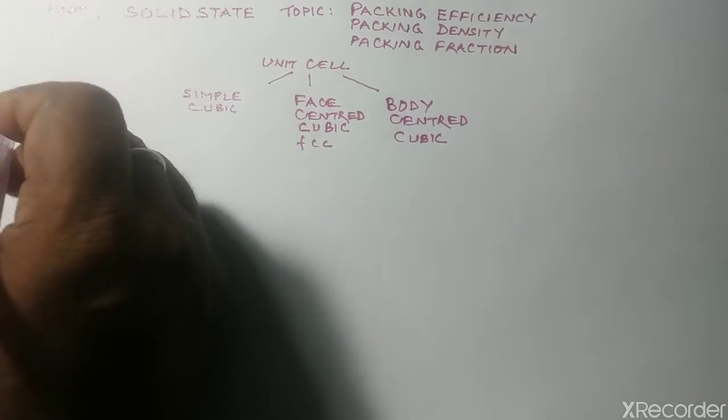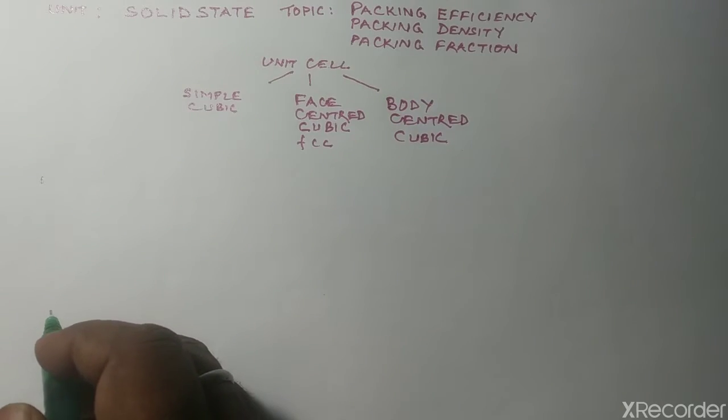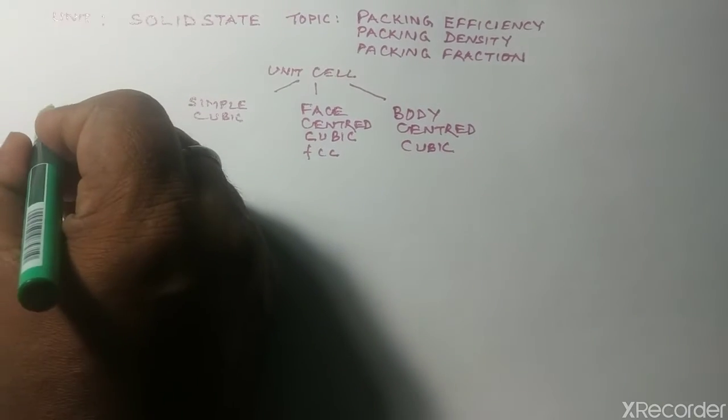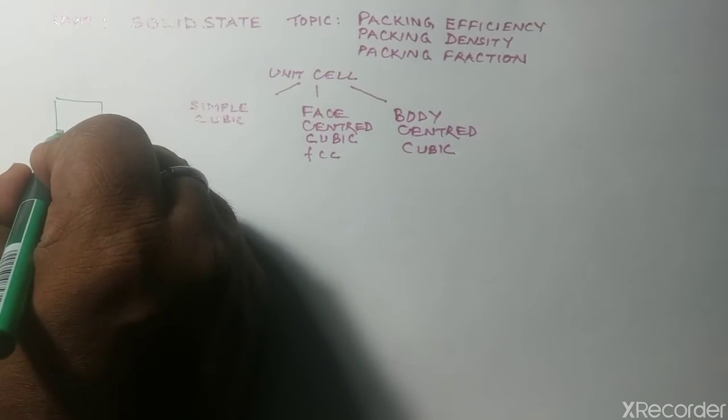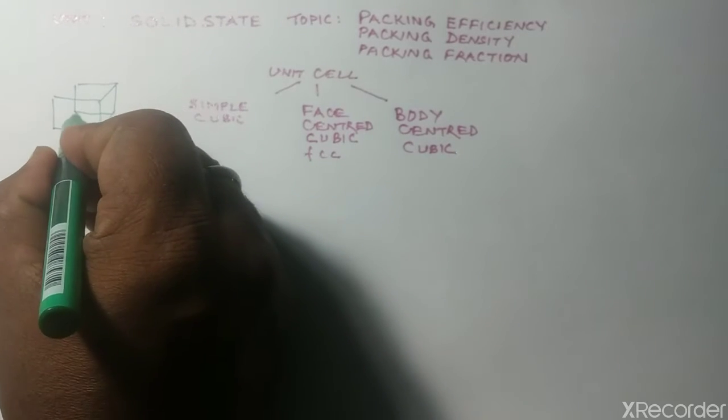Face centered cubic has 6 faces. Simple cubic, first of all, let us see. Here the atoms are only at the corners.